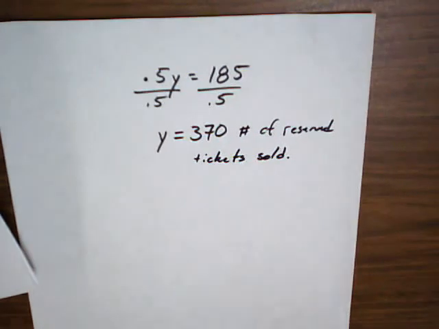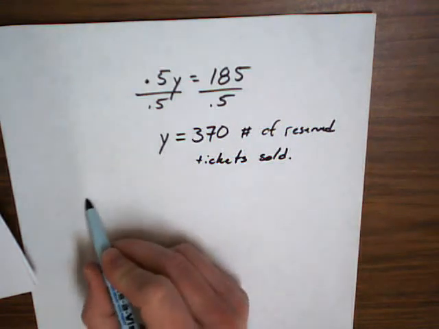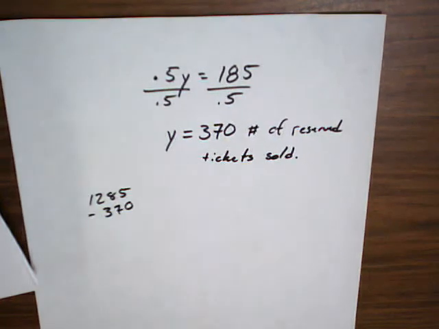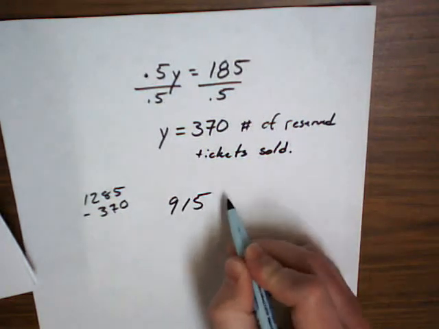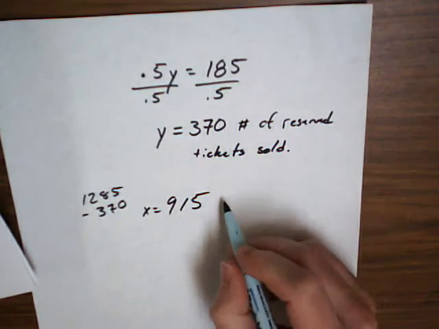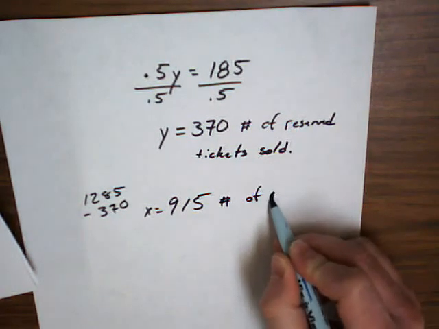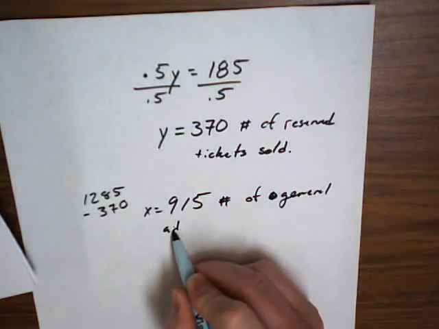So if I plug it back in, if I knew that there was 1,285 tickets, so 1285 minus 370. That's 915. X would be 915. Well, that would be the number of general admission tickets.